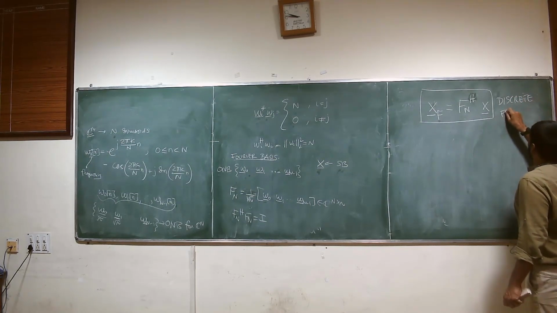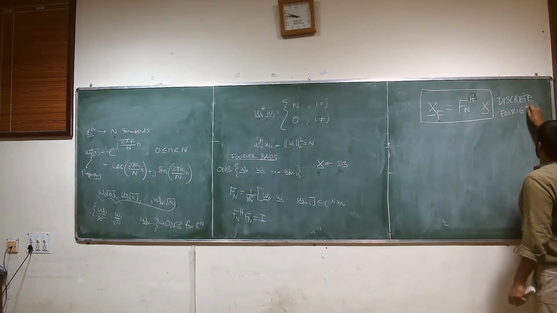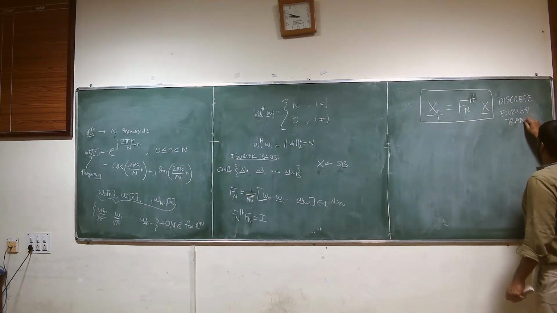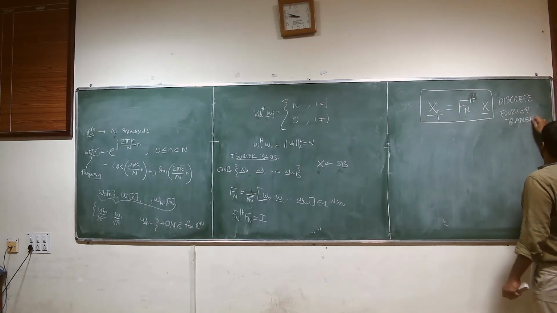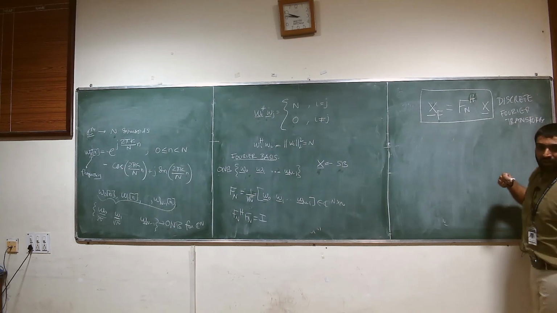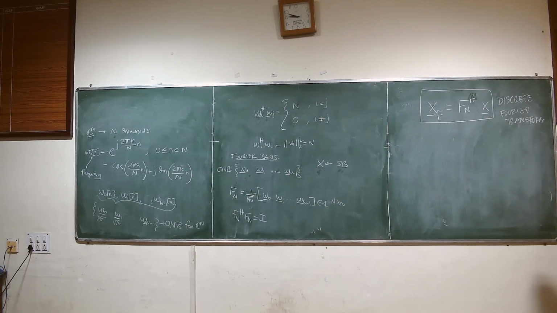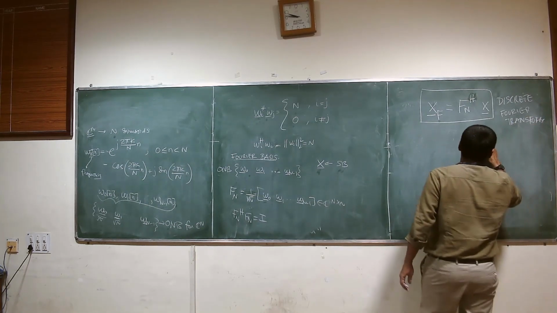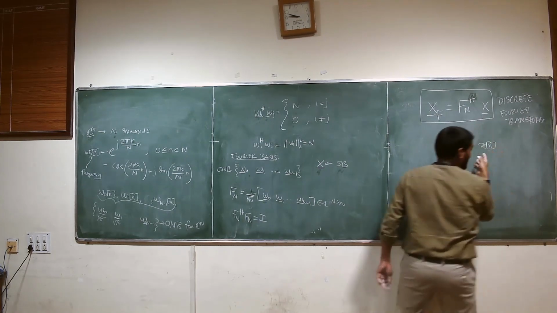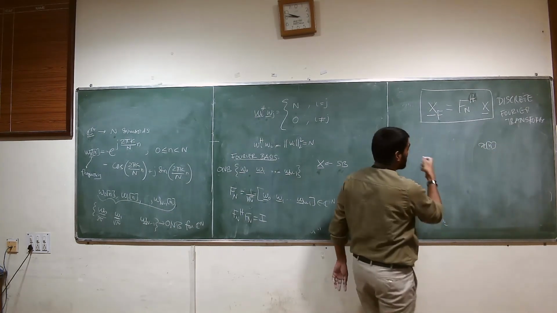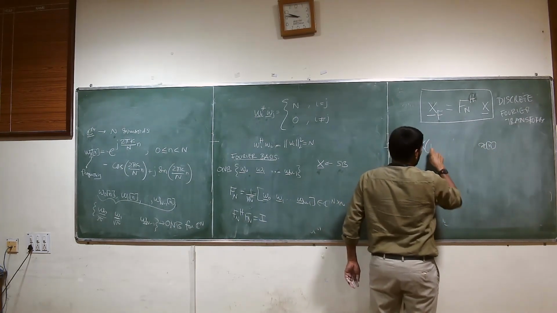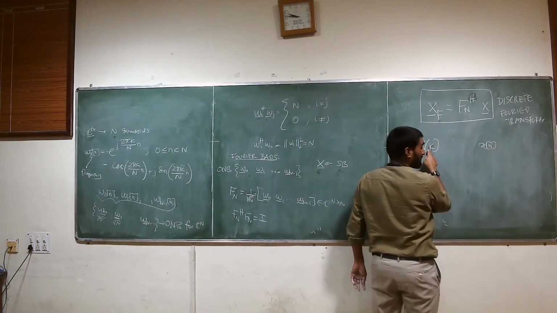And this is essentially your discrete Fourier transform. You remember the expression from DSP? If x of n represented your time domain signal, what was x of k? Remember, k is the frequency index.